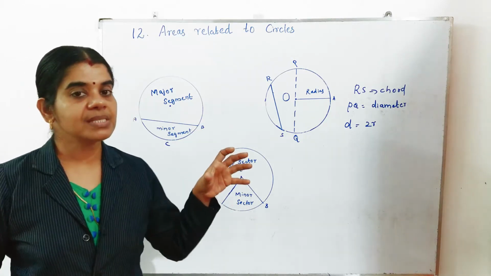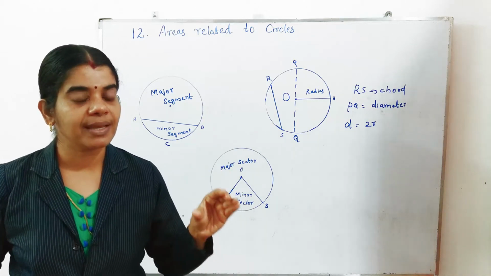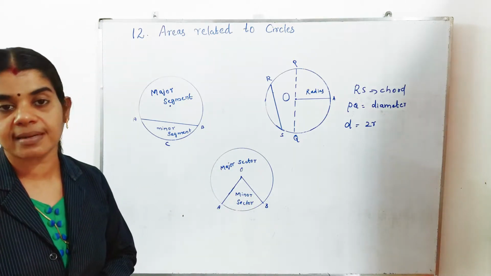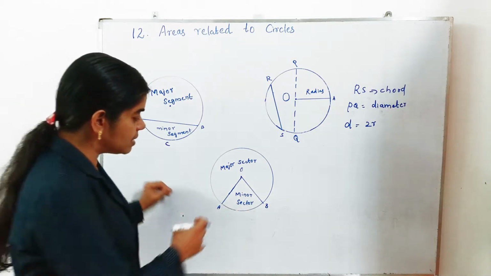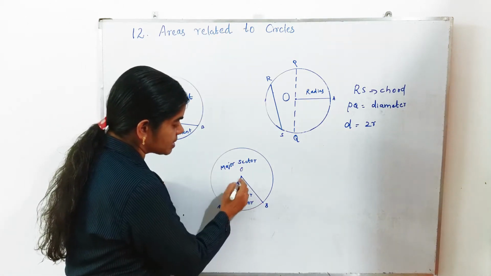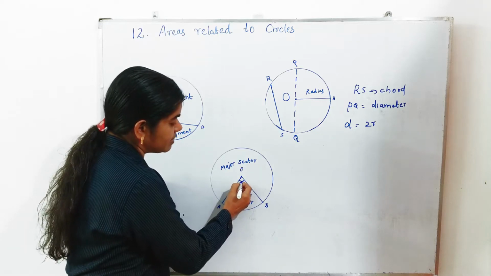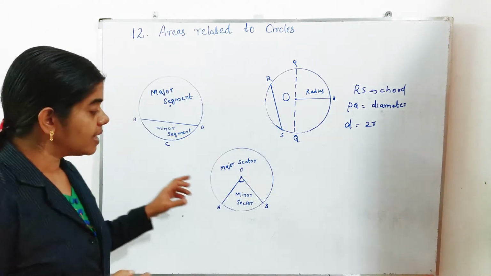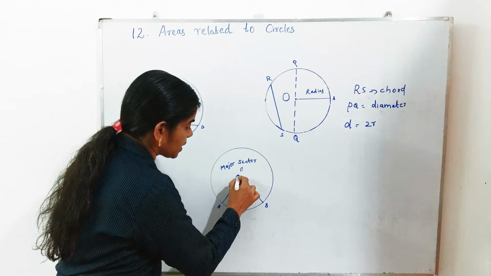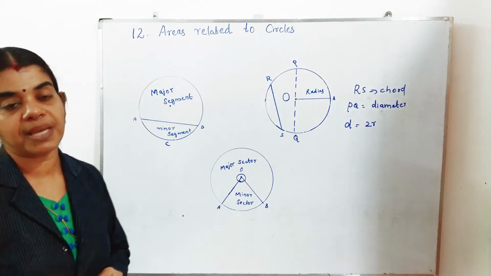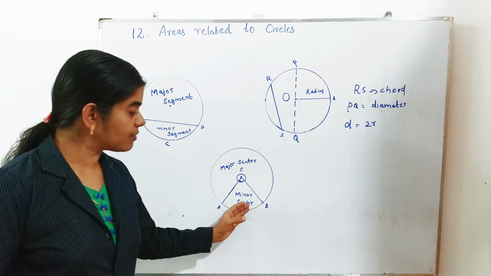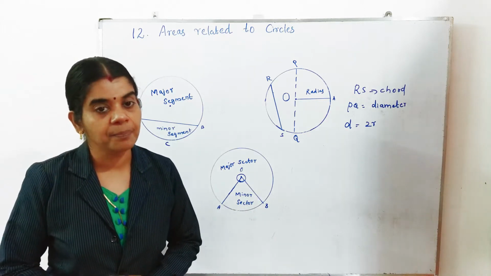The smaller one, this AOB, is known as the minor sector, and this one here is known as the major sector of the circle. Bigger one major sector, smaller one minor sector.